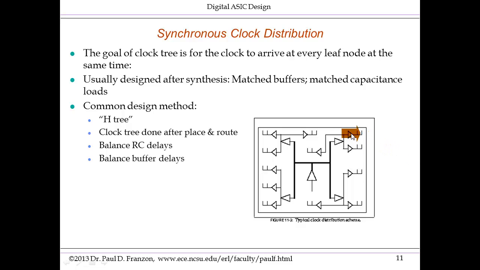And then the final runs to the flip-flops are made very short, so we get very low variation in clock arrival time amongst the flip-flops in those final runs. So by balancing this tree, we design it with the intent of achieving the goal that the clock arrives at all the leaf nodes at the same time.